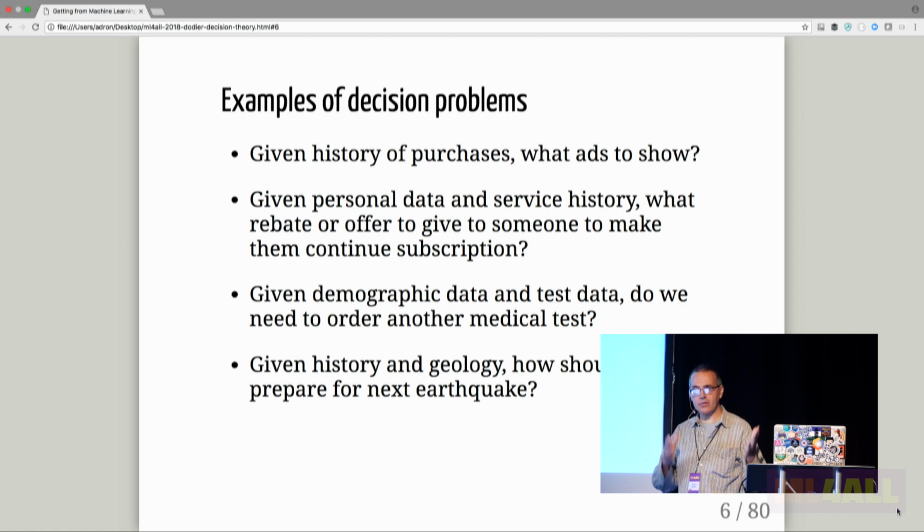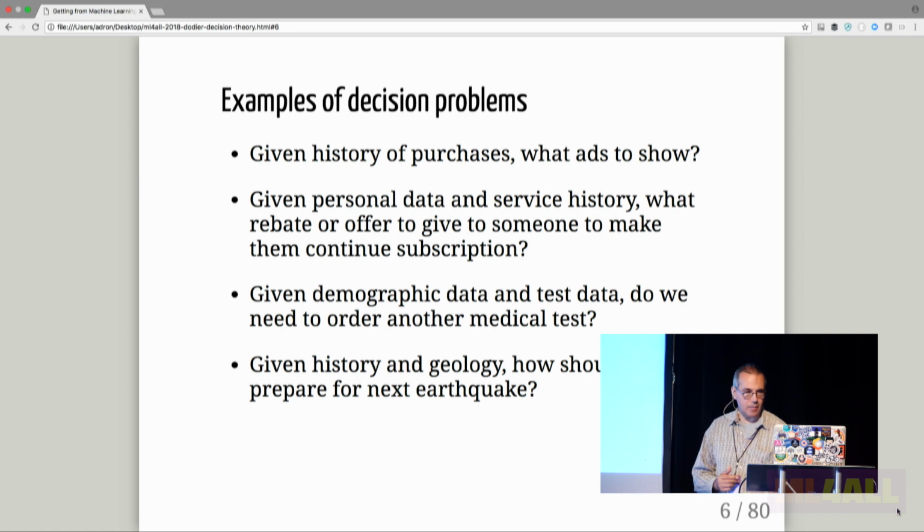So these are all possible actions that require different kinds of investments and that might have different kinds of benefits in the case of an earthquake. And of course, there's also the possibility that there won't be an earthquake. So then the question is, how much are you willing to invest if nothing happens?